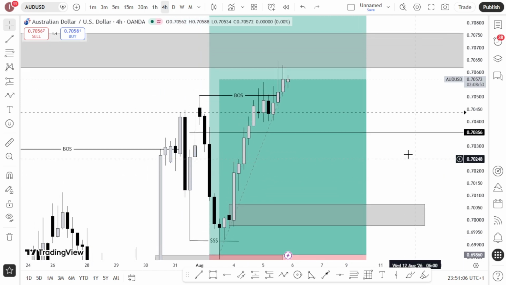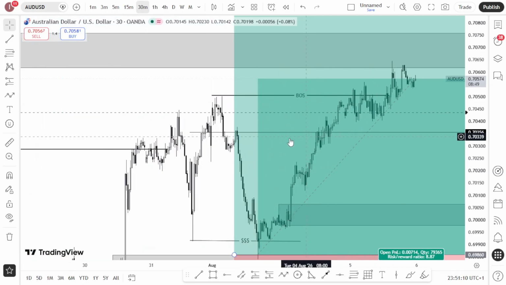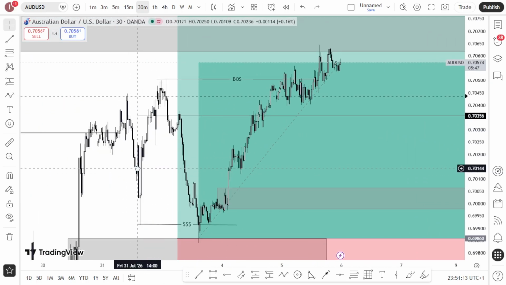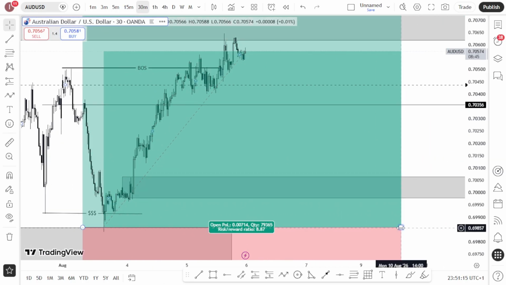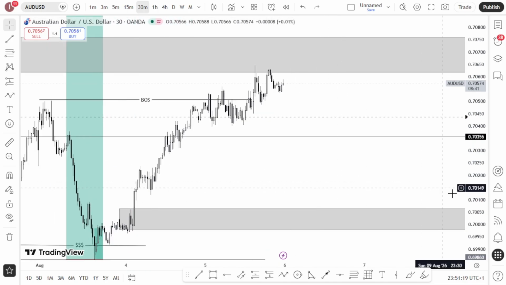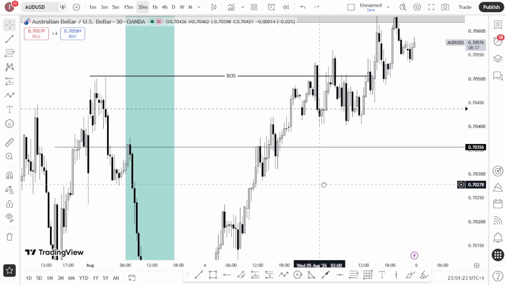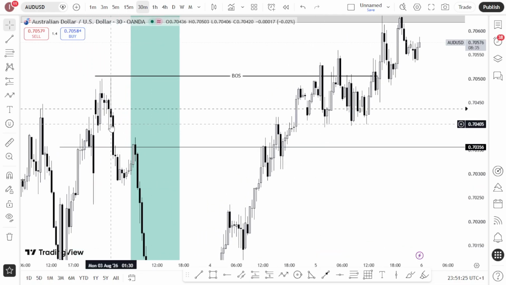The second expectation, I'll scale down to the 30 minutes time frame. So on the 30 minutes time frame, let me adjust this. If you look to the left here, there's a supply zone on the 30 minutes time frame.